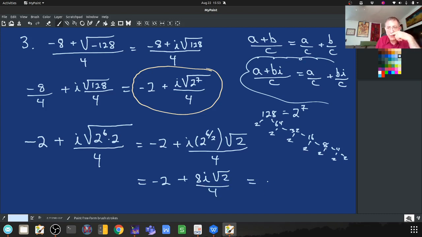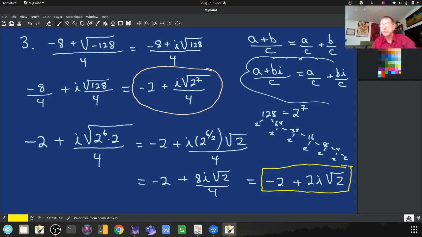So finally we get minus 2 plus 8 divided by 4, which is 2i times the square root of 2. And that's a perfectly fine way to write it. It is right there.